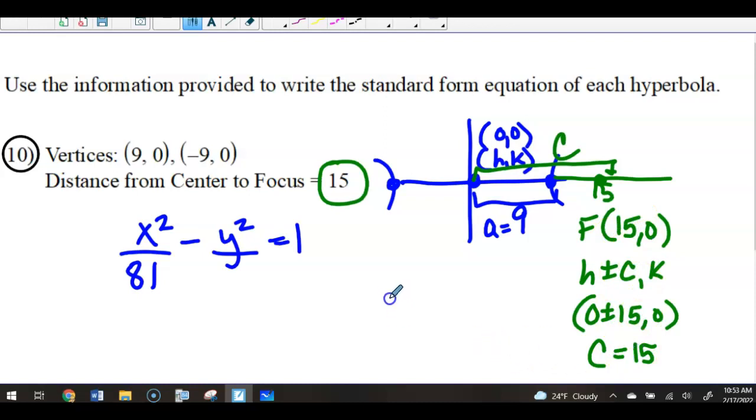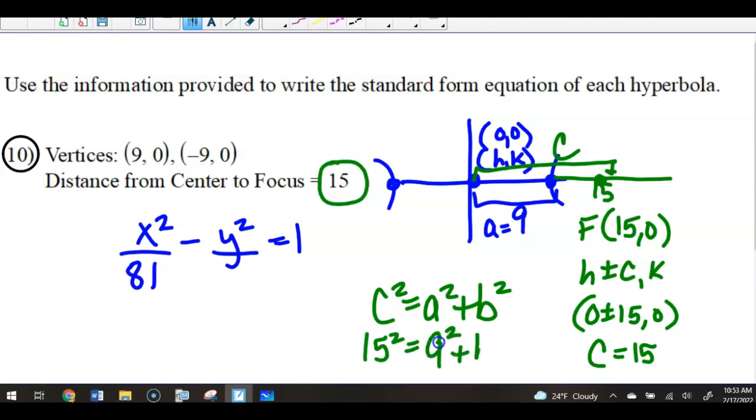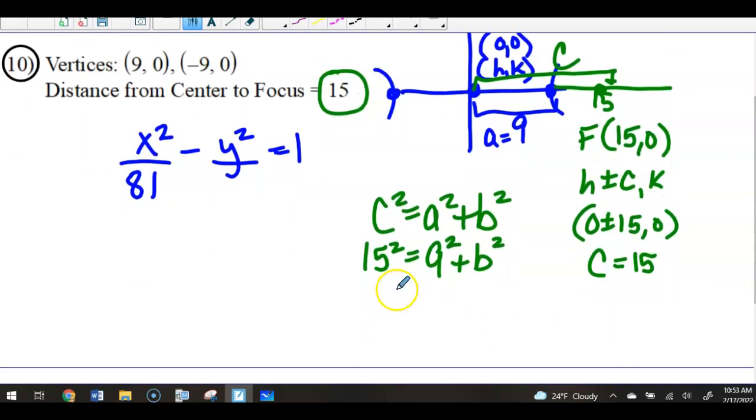All right, so then we just need to go to the formula, and it said c squared equals a squared plus b squared. c squared would be 15 squared. a squared was 9 squared. So now we need to subtract and figure out what b squared is. If we subtract 9 squared from both sides, we have b squared equals 225 minus 81.